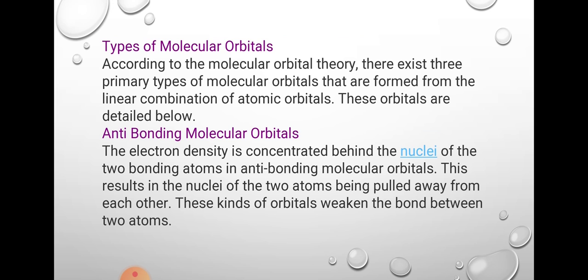These are anti-bonding molecular orbitals. The electron density is concentrated behind the nuclei of the two bonding atoms in anti-bonding molecular orbitals. This results in the nuclei of the two atoms being pulled away from each other. These kinds of orbitals weaken the bond between two atoms.